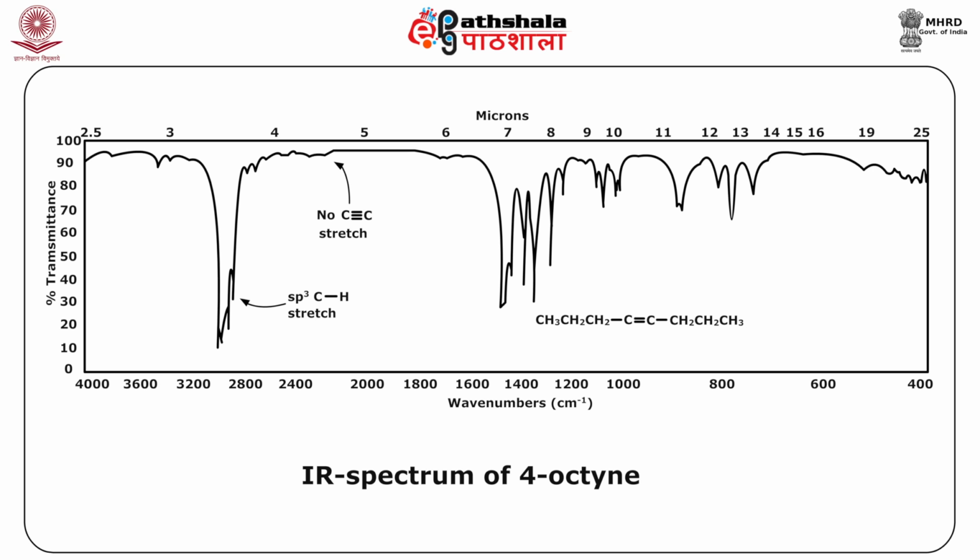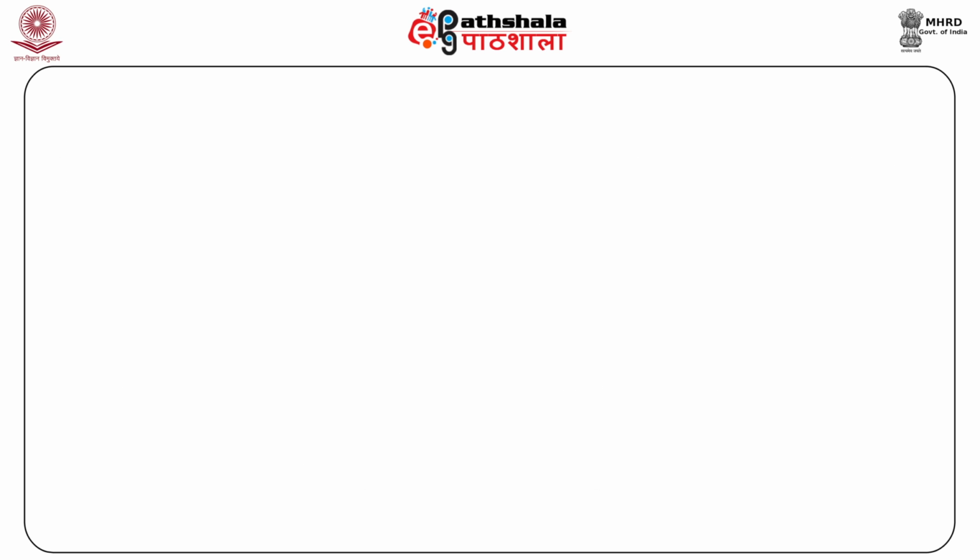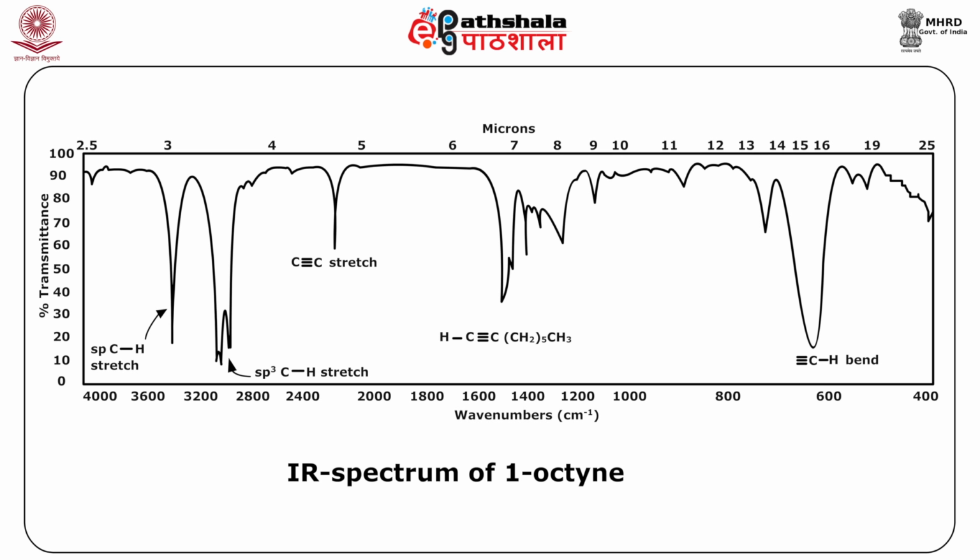3200 cm⁻¹. The sharpness of this band prevents the confusion with other absorptions in this region, that is the NH and OH etc. The ≡C–H bending vibrations in alkynes occur as a strong broad band in the region 700 to 600 cm⁻¹. The first overtone of this band appears as a weak broad band near 1375 to 1225 cm⁻¹.